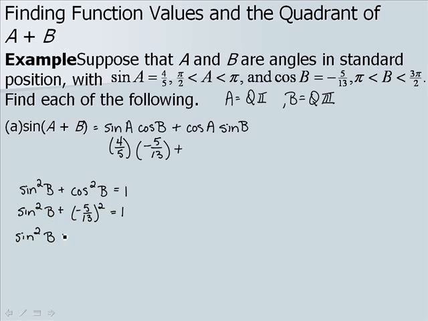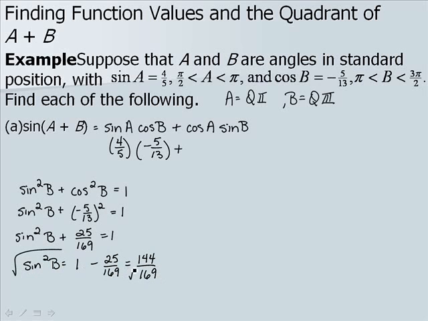So we have sine squared of b plus 25 over 169 equals 1. So we'll subtract that from both sides, and we have that the sine squared of b equals 1 minus 25 over 169, which, when we do that subtraction, will be equal to 144 over 169.